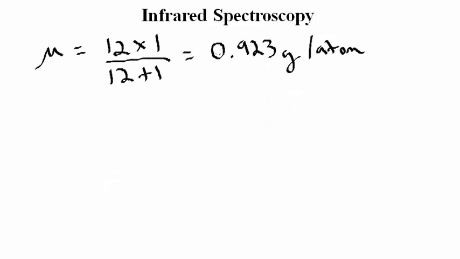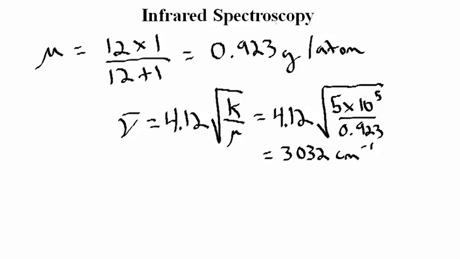We can first calculate the reduced mass, and so here we have 12 times 1 over 12 plus 1, where the 12 is the mass of the carbon atom and 1 for the hydrogen. Plugging into the equation that I showed you previously for K using the force constant for the single bond of 5 times 10 to the 5th, plugging in mu, the reduced mass here, and the 4.12 in front, we end up getting this frequency of 3,032 wave numbers.